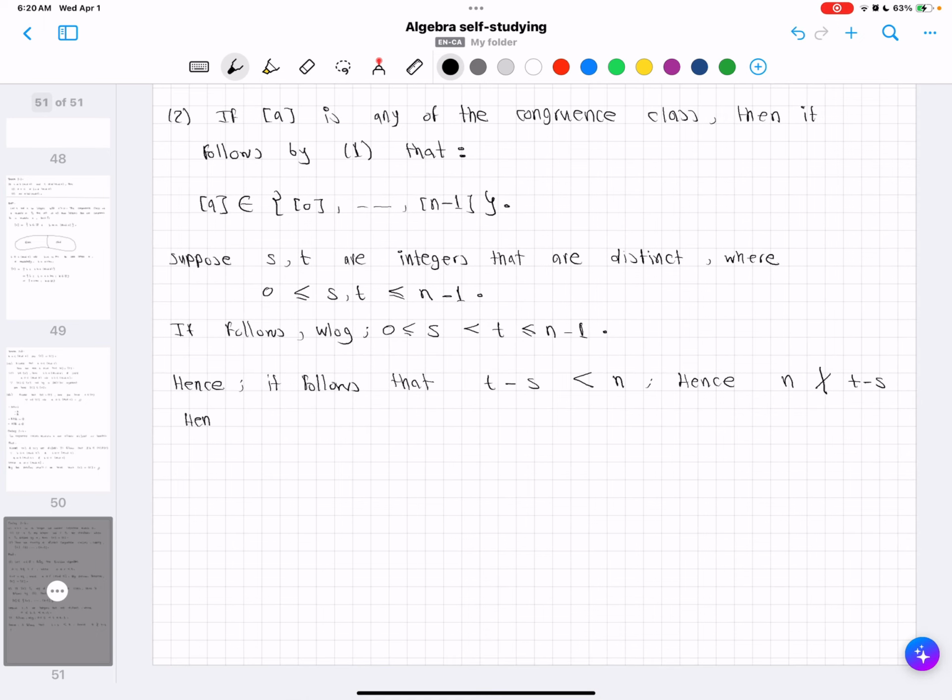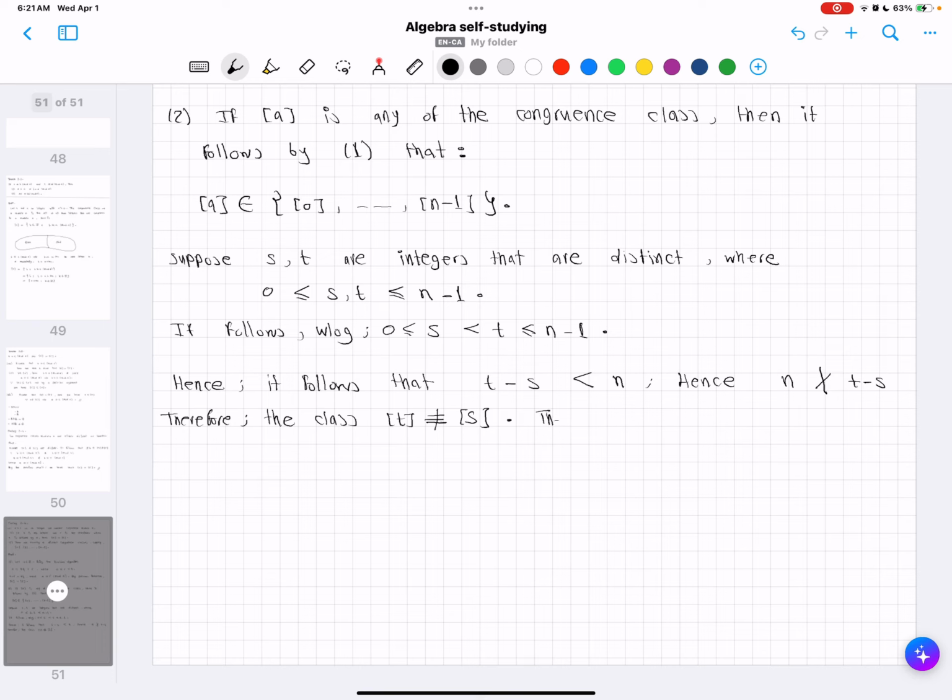Therefore, the class of t is not equal to the class of s mod n. And every two elements of the classes from 0 to n minus 1 are distinct.